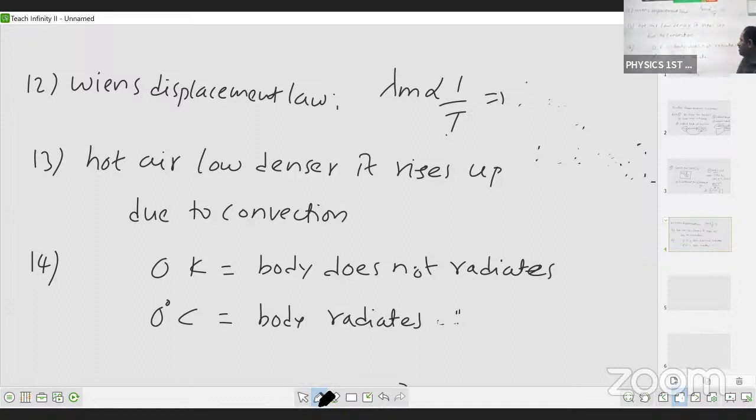What about 0 Kelvin? Practically this value is minus 273.16 degree Celsius. At this much temperature, nothing is possible. Every parameter equals 0: pressure 0, volume 0, temperature, everything 0 at 0 Kelvin. That's why a body does not radiate at 0 Kelvin.